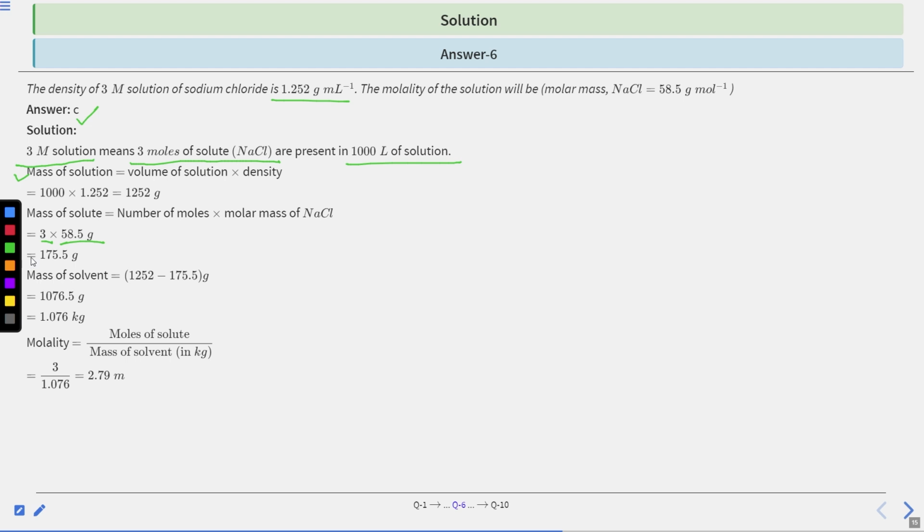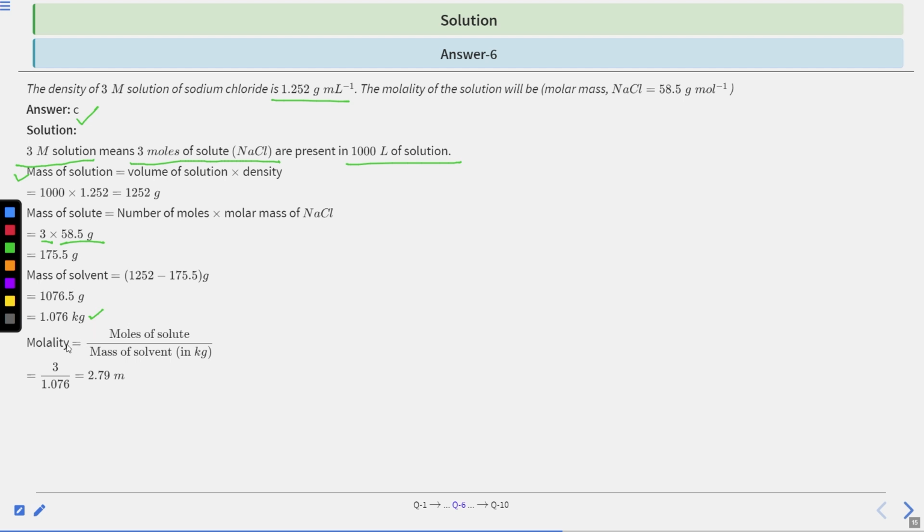So the multiplication is coming out as 175.5 gram. And mass of solvent is equal to the mass of solution minus the mass of solute, which is 1252 minus 175.5 gram. It is coming out as 1.076 in kgs.